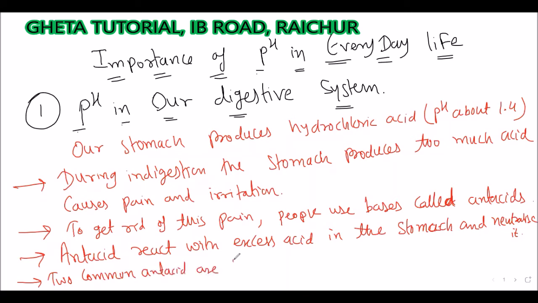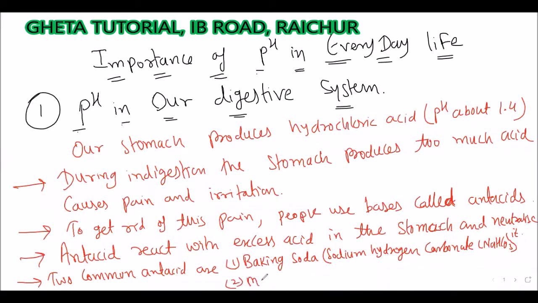The first one is called baking soda. What is another name for baking soda? Sodium hydrogen carbonate, the formula is NaHCO3. And we also use milk of magnesia. What is another name for milk of magnesia?